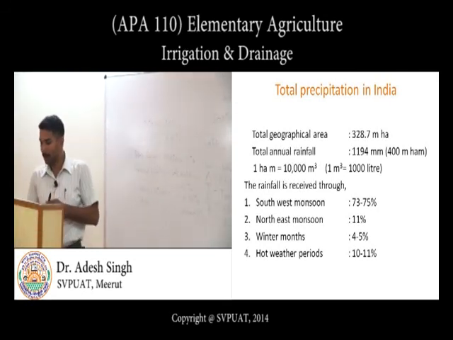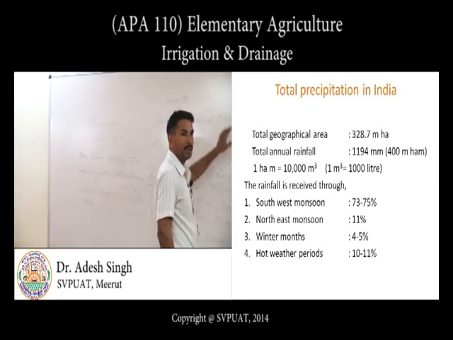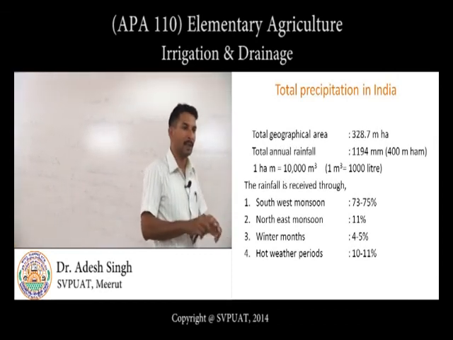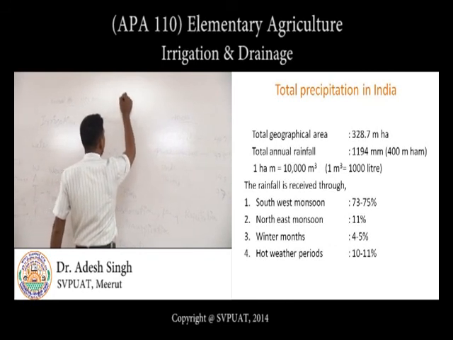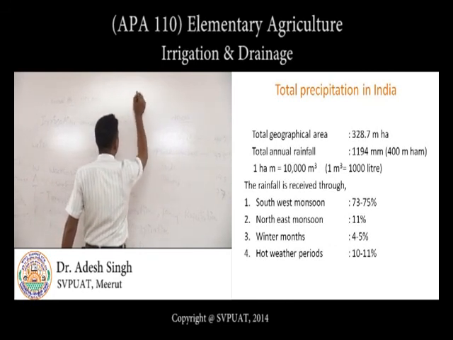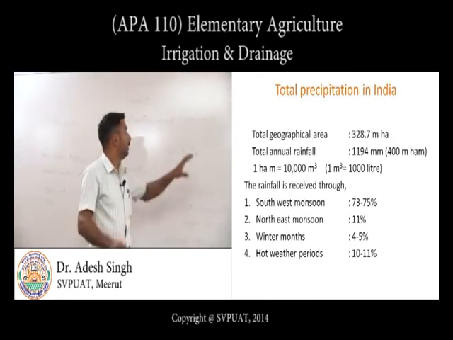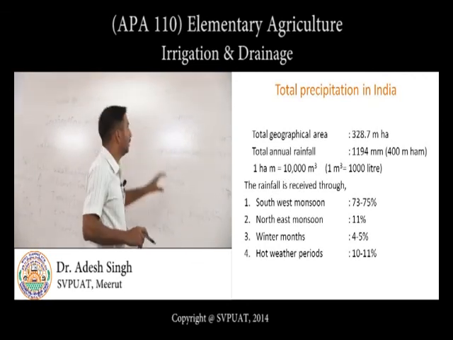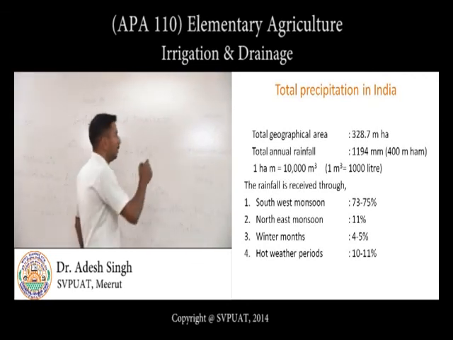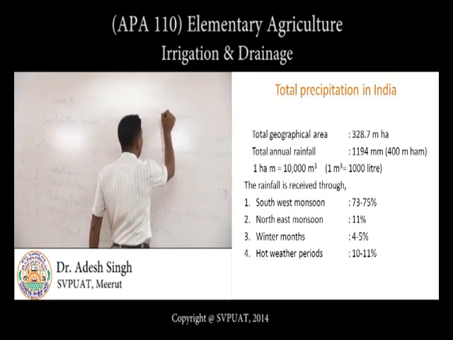So if we quantify this 1193 millimeter, which is all over the total geographical area, and the total geographical area of the country is about 329, or exactly 328.7 million hectare, then if this average rainfall is received over this entire surface, it will quantify about 400 million hectare meter.